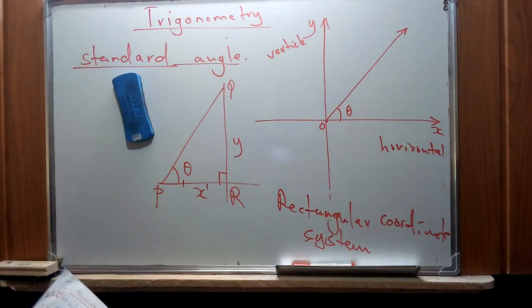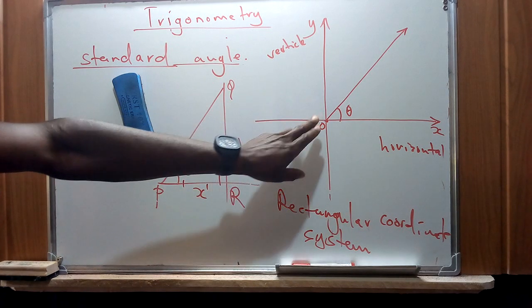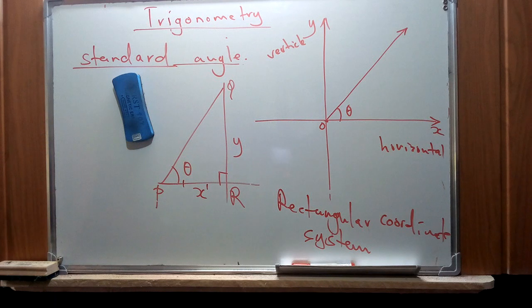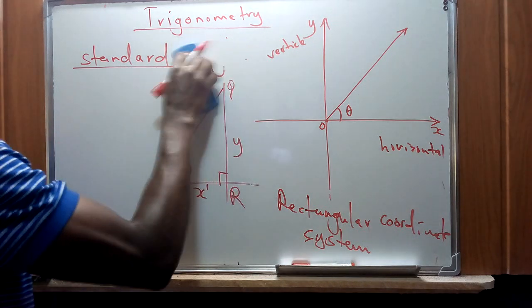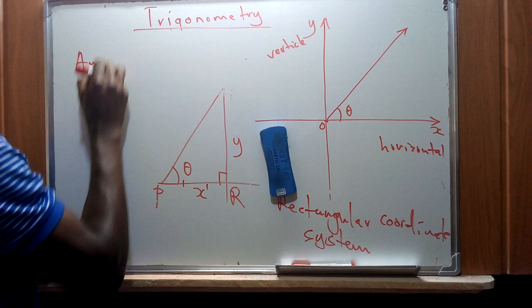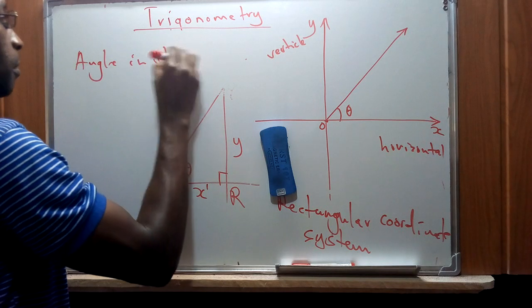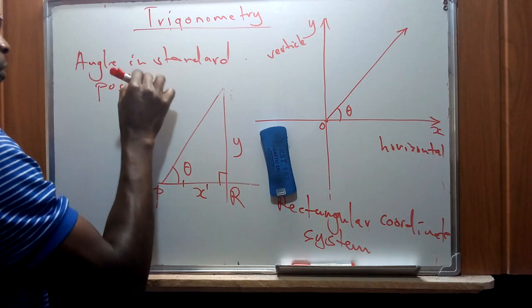So in this case, the angle in the standard position, as we have said, is the one that is formed in a rectangular coordinate system. So with whatever angle that we are going to use or refer to using this particular system is what we call an angle in standard position.